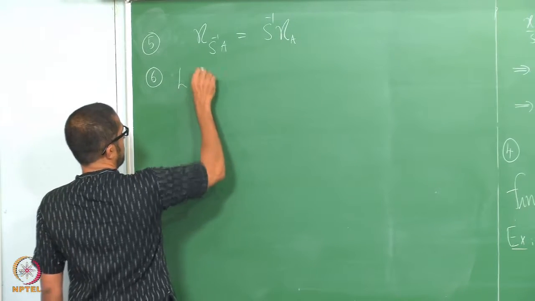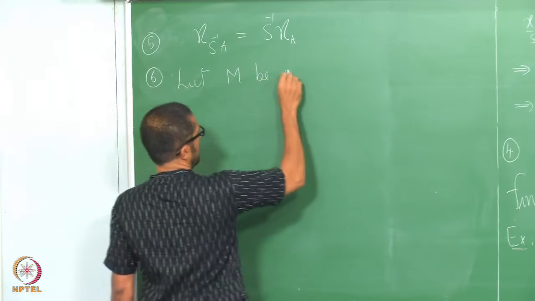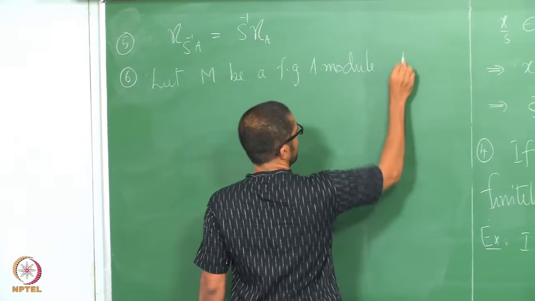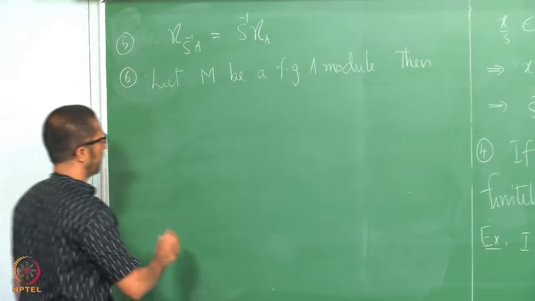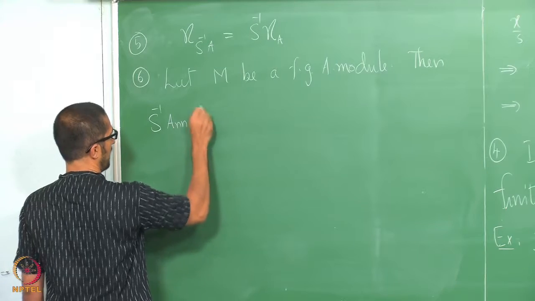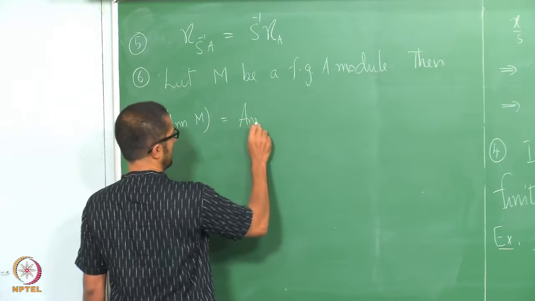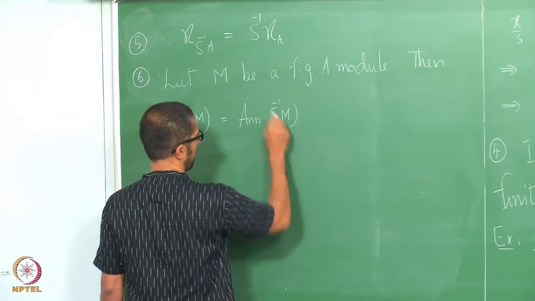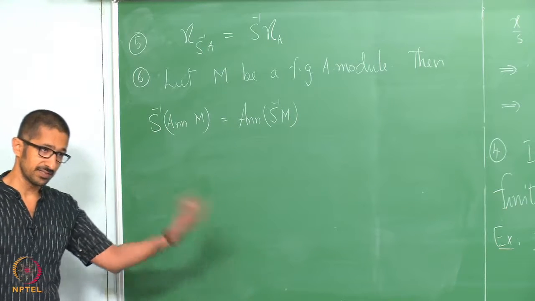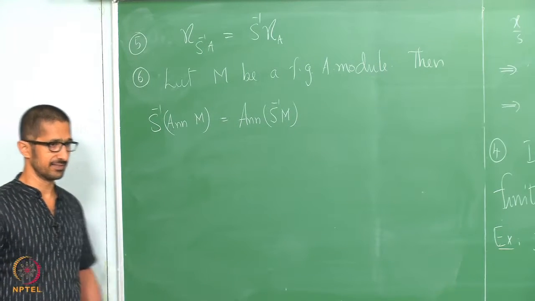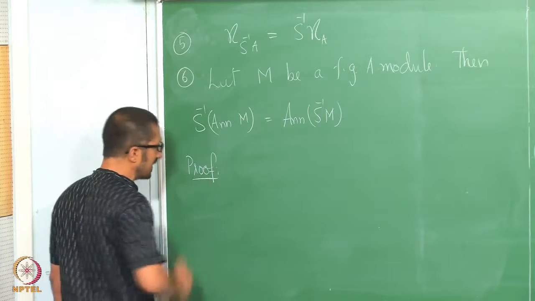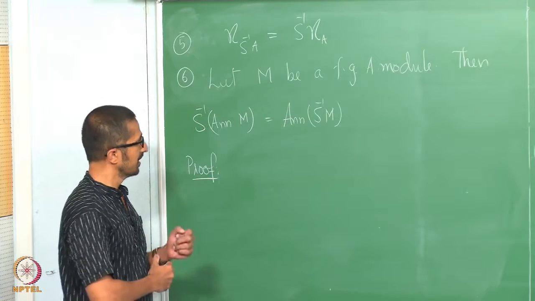So, let M be a finitely generated A module, then S inverse of annihilator of M is equal to annihilator of S inverse of M. So, localization commutes with even annihilator.